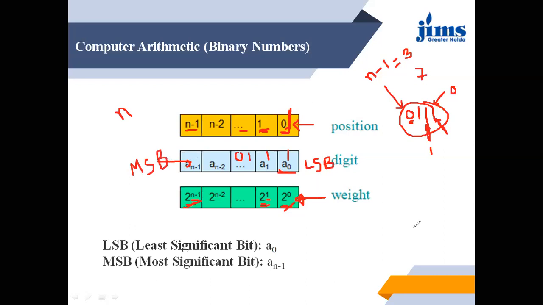For example, I have the number 10010. In that case, this 0 represents the LSB, the least significant bit, whereas this 1 represents the MSB, the most significant bit.